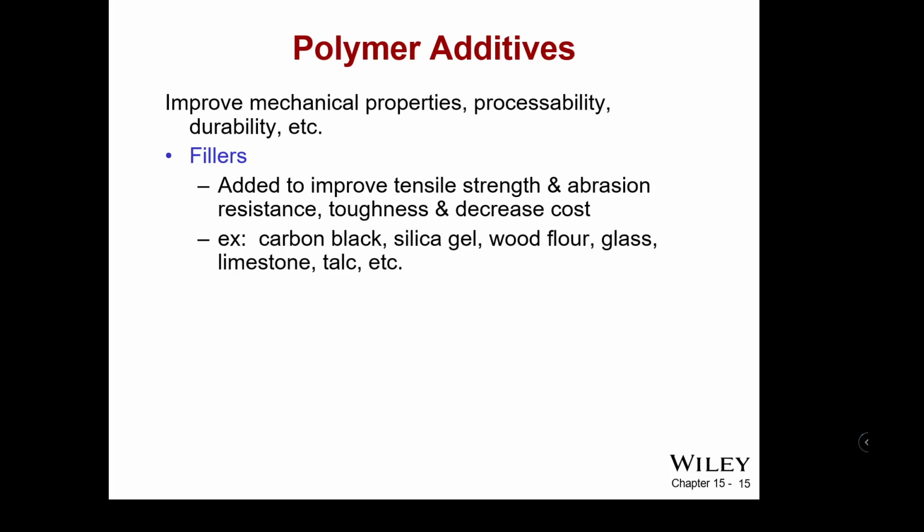Carbon black for coloring, or silica gel. Maybe they need some degree of absorbency or cushion, or maybe wood flour because of, again, trying to lower cost. Glass, limestone, talc, if they want to keep the plastics from getting sticky.